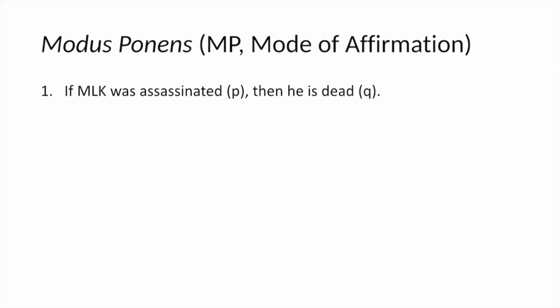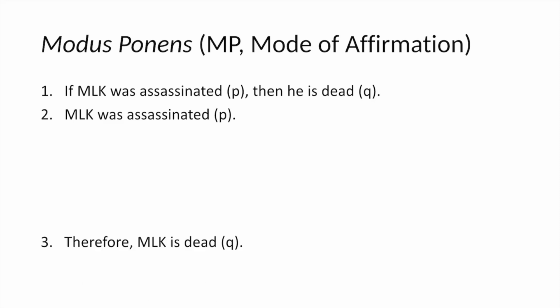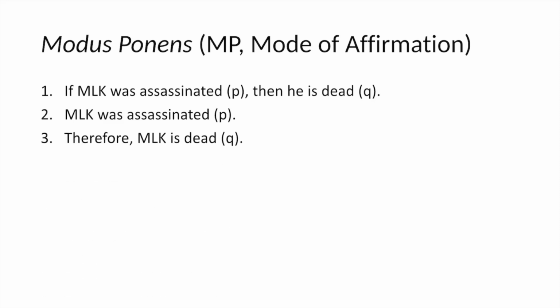So here's an example of a modus ponens argument. We've got: if P then Q. If Martin Luther King was assassinated, then he is dead. Martin Luther King was assassinated, thus Martin Luther King is dead. This is an example used in one of the textbooks I sometimes use.